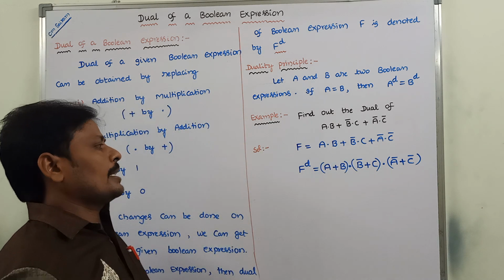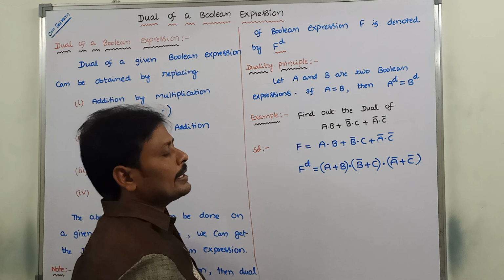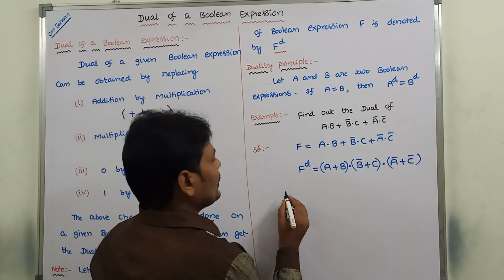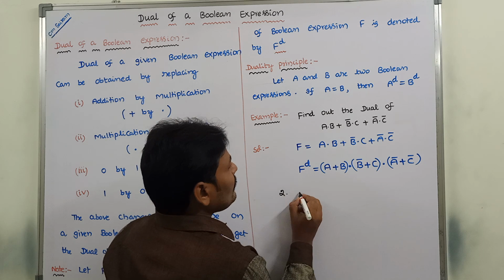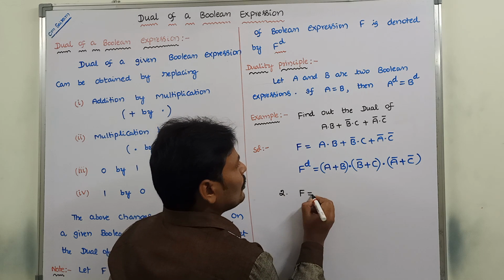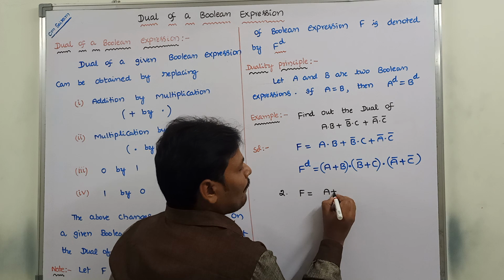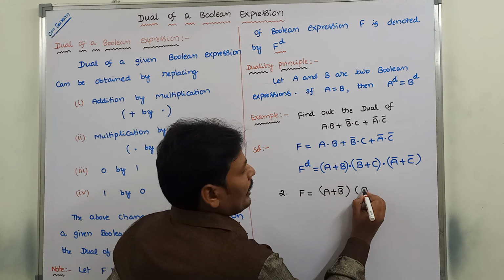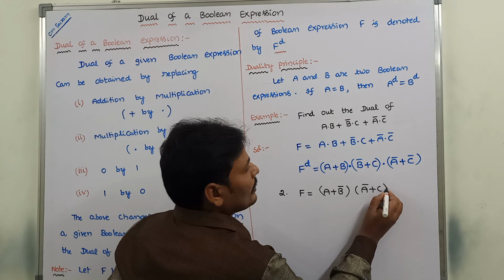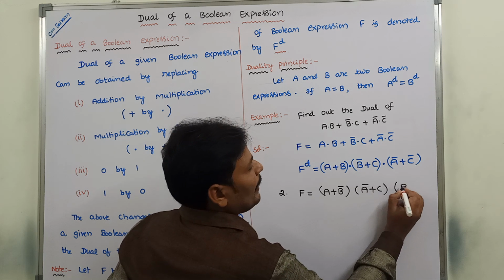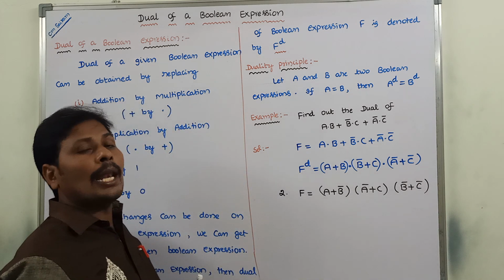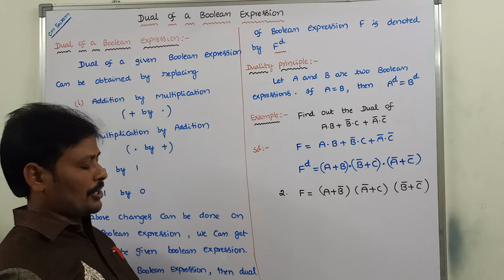Okay. Next I am taking another example, the second problem. F is equal to A plus B bar, A bar plus C, B bar plus C bar. Find the dual of this Boolean expression.